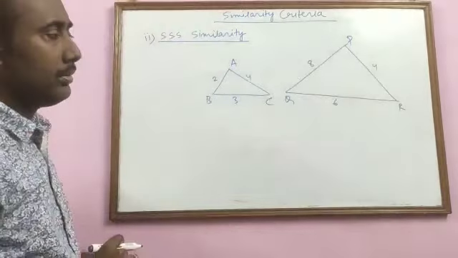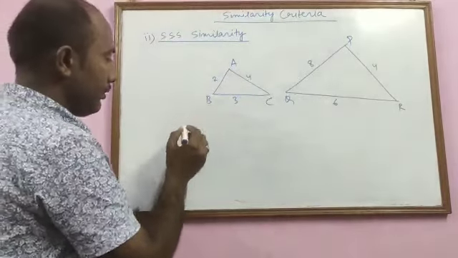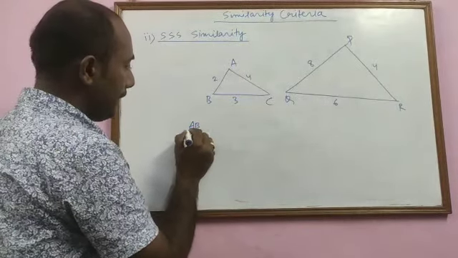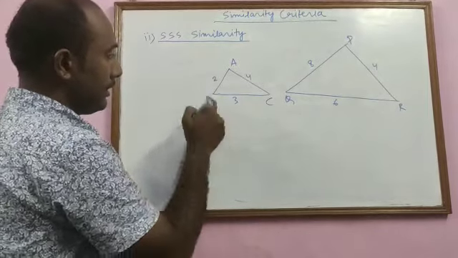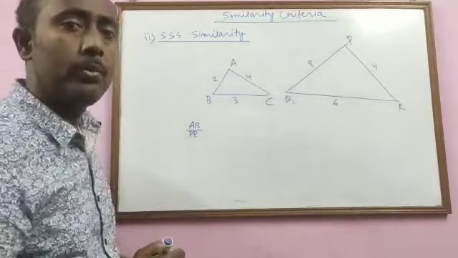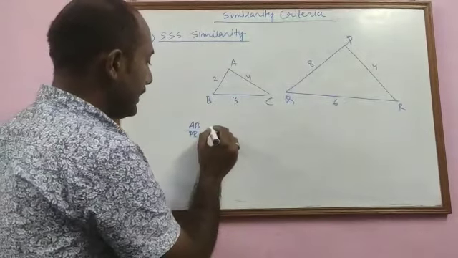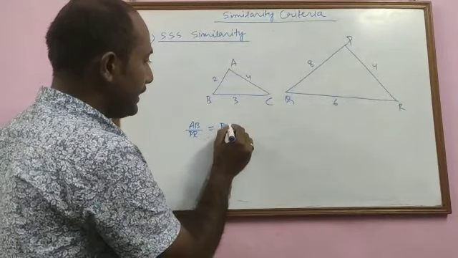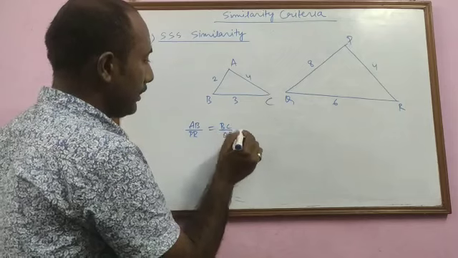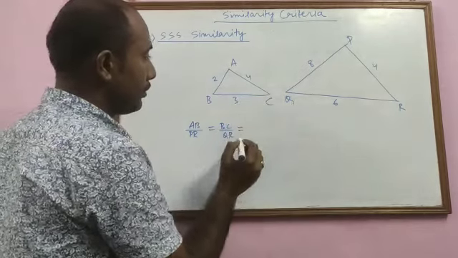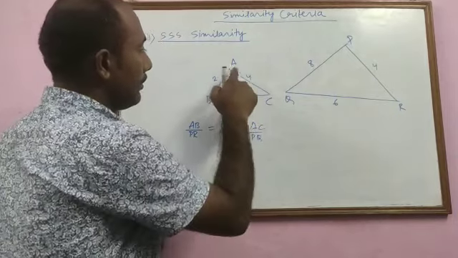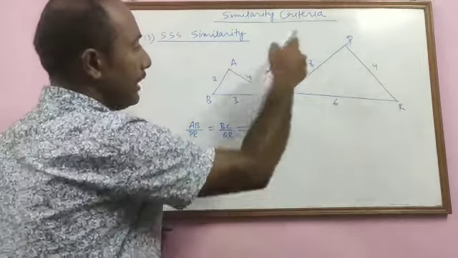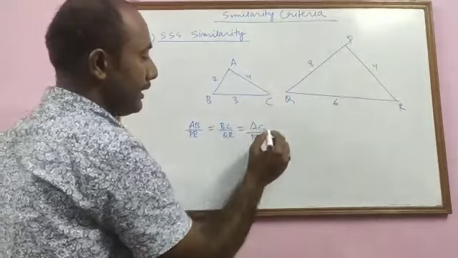Okay. So here you can see that the ratio of AB and PR, that is 2 by 4, is equal to 1 by 2, which is equal to the ratio of BC by QR, 3 by 6, that is 1 by 2, and this is equal to the ratio of AC by PQ, because AC is here 4 and PQ is 8, so 4 by 8, that is 1 by 2.